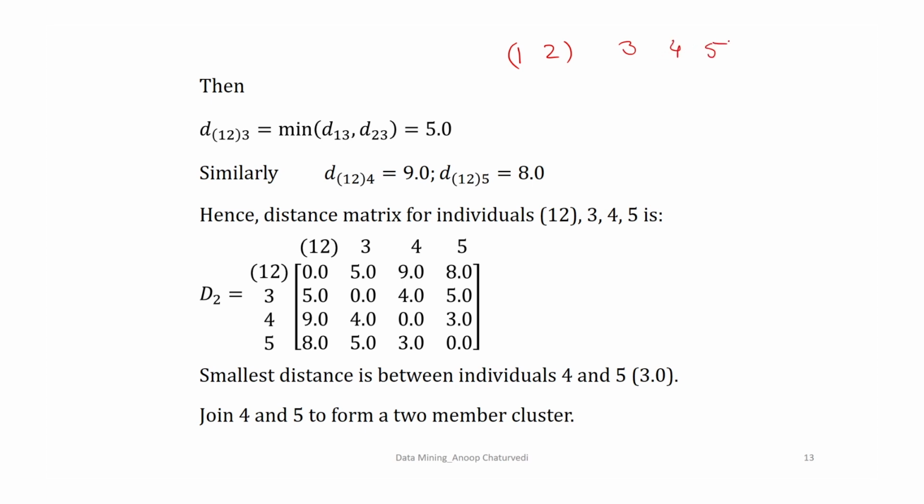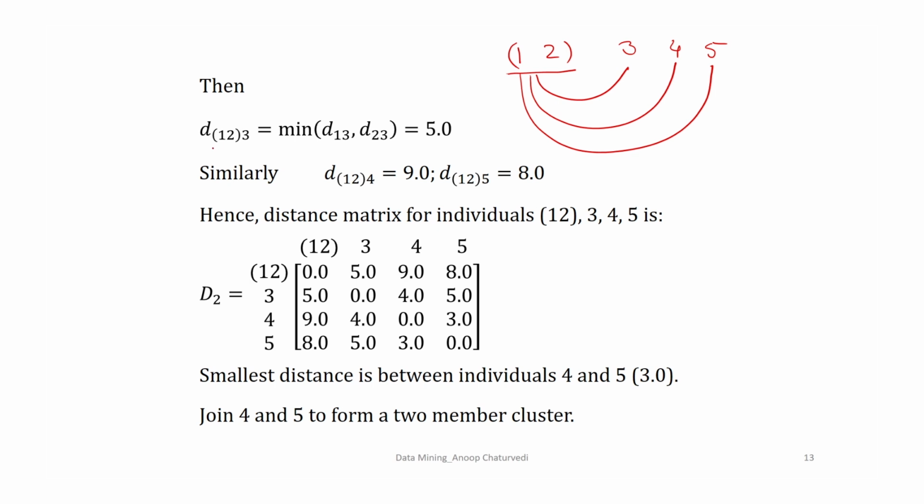So, from the distance matrix, now we delete the rows and columns corresponding to 1 and 2, and then we add a new row and column corresponding to the cluster 1, 2. Obviously, we have to calculate the distance between 1, 2 and 3, 1, 2 and 4, 1, 2 and 5.